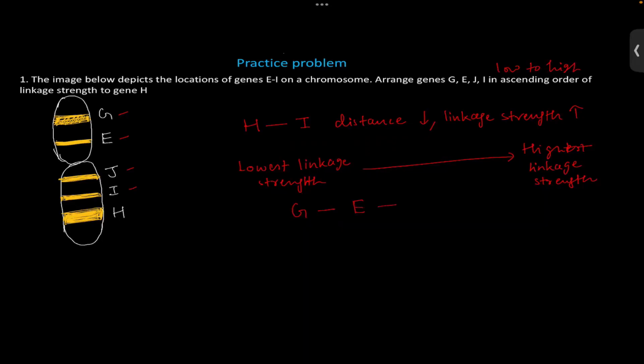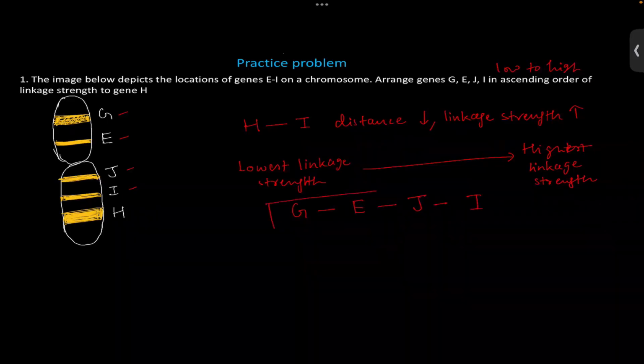Then J. J is the third gene, as we are going towards the highest linkage strength level. It is more closely linked than gene E. Then I, right?